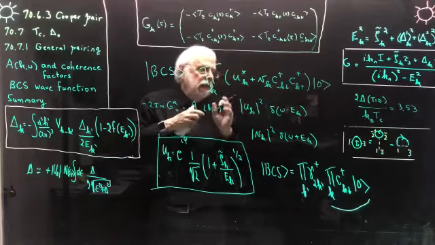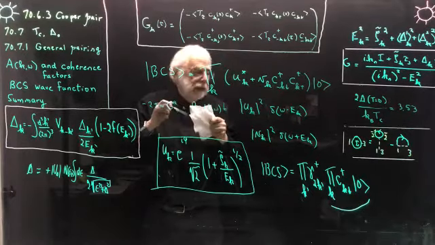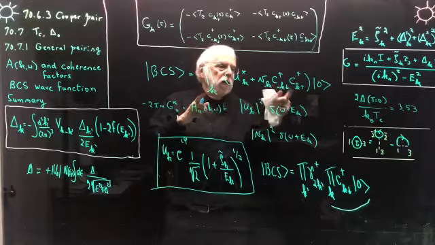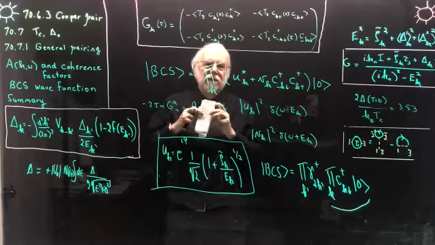So in the ground state, not the general thermal state, you see that you will have states with different numbers of particles. So it's a linear combination of states with different number of particles.